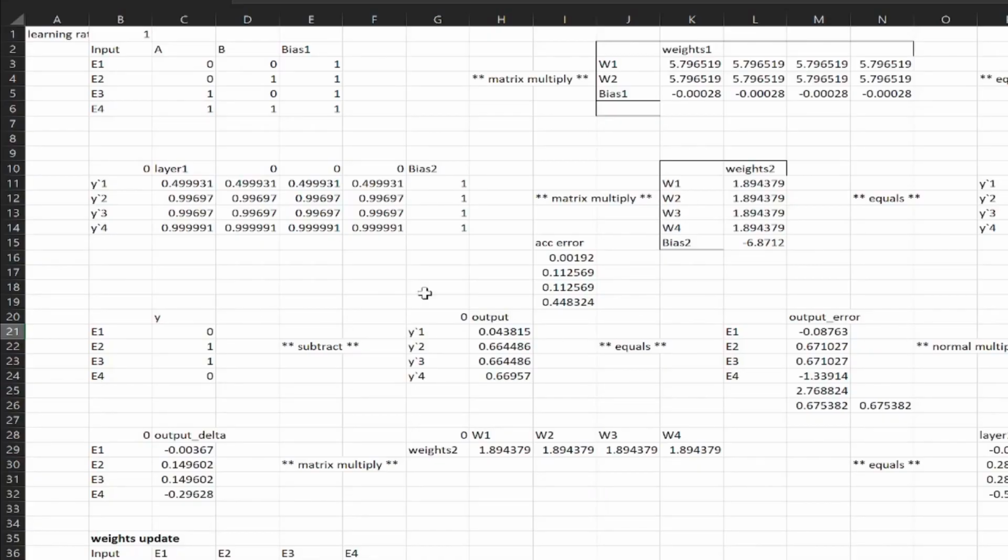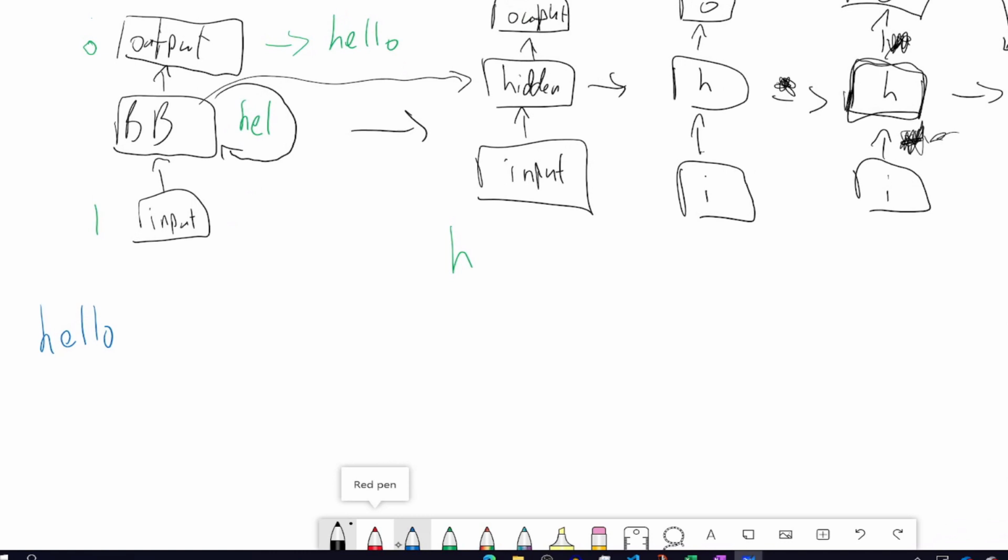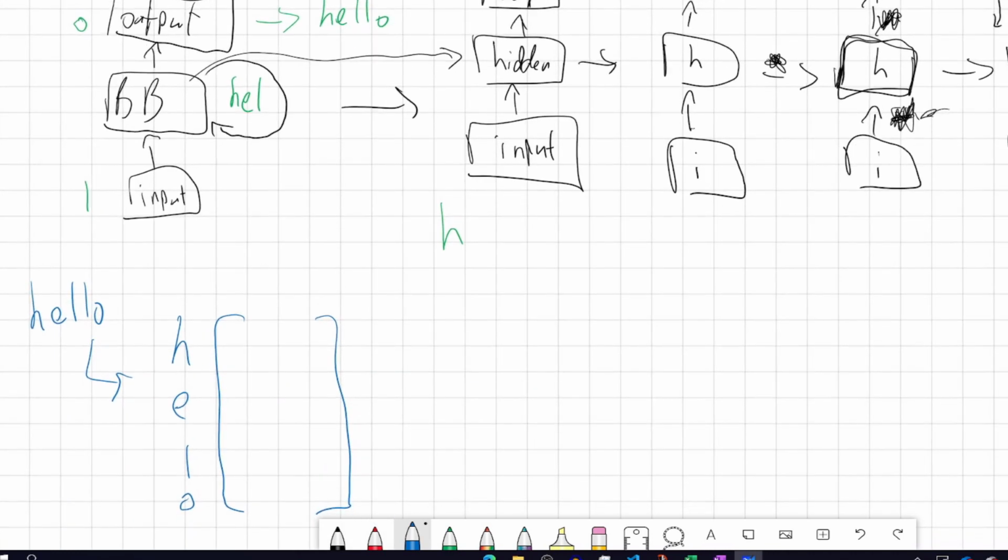I'm just copying basically the structure I have here. Forgive the messy nature of this sheet. It kind of helps me understand things. The way we're going to represent hello in the neural network is we're going to pretend we have a vocabulary set with only four letters, H, E, L, O, and we're going to do a one-hot encoding for each one.